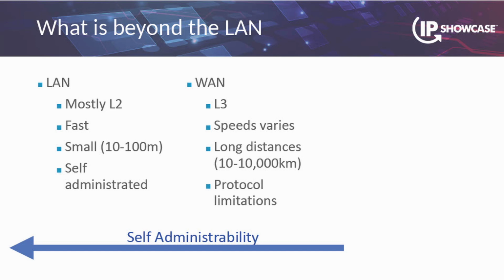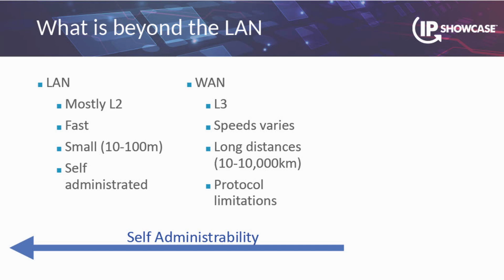For audio, it could be easier to have the same speed of connections, but audio contribution is often done via the internet, and then the speed problem arises again. You have long distances, so as opposed to 10 to 100 meters on the LAN, you have 10 to 10,000 kilometers. And you have protocol limitations.